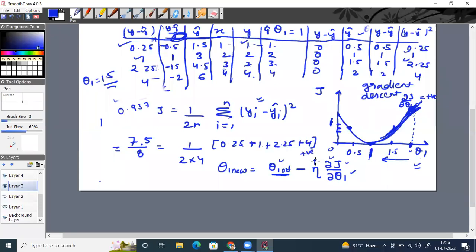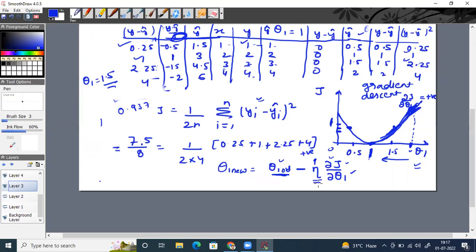Learning rate means I am saying decrease your theta, but how much do we want to decrease the theta? You are decreasing the theta, fine, that's why I'm subtracting. But by what ratio do I want to decrease? That is nothing but your learning rate. So you have to put it very smartly.